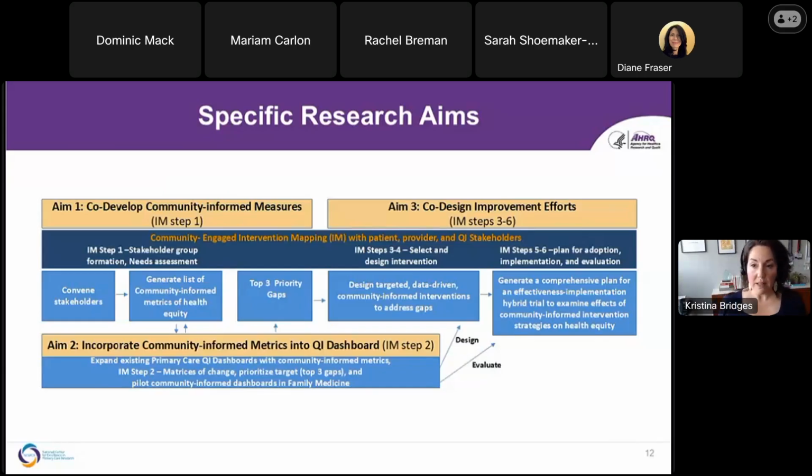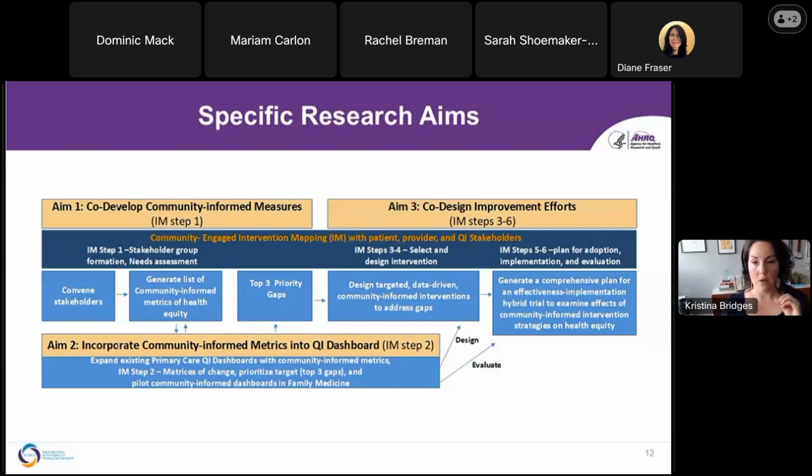We'll see what is most relevant to the community members, what additional metrics or additional stratification they would like to see. We'll have an iterative process then where we'll gather qualitative data on their perspectives and their feedback on the dashboard, and then we will come back to them with additional data that they have requested until we've generated a list of community-informed metrics of healthcare quality.